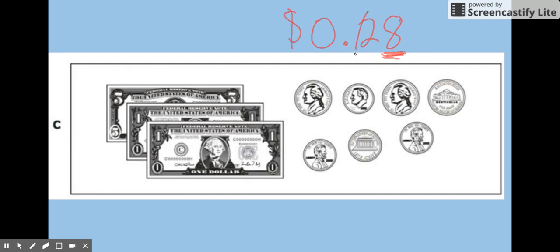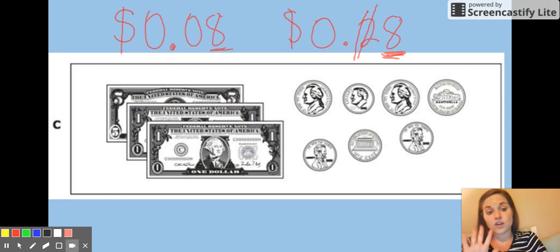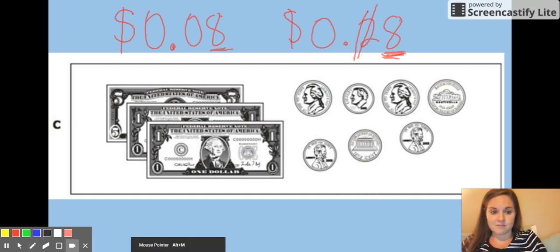If I took away the 2 and I wanted just 8 cents, this is how I would write it. 0.08. Remember how I told you to do 5 cents for a nickel, 5 cents? Just like you saw with the dime.